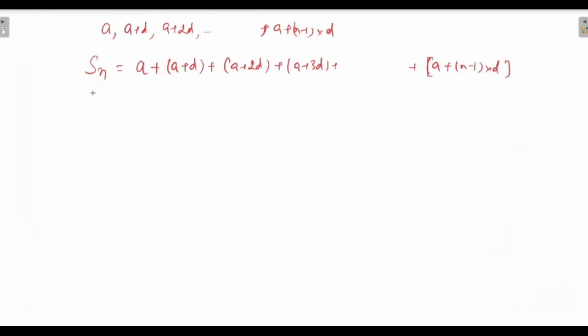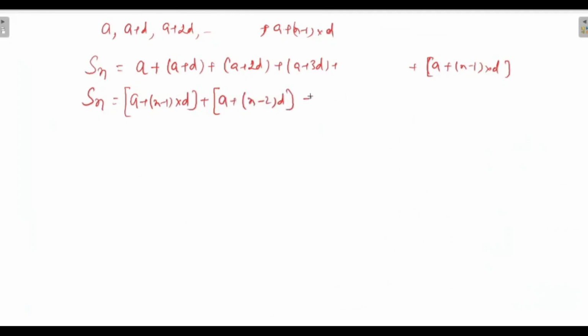Now what they are doing is writing Sn again, and saying, let's reverse it: put the last term first. So you put a plus n minus 1 into d over here. This is the last term. Then the second last term will be a plus n minus 2 into d.